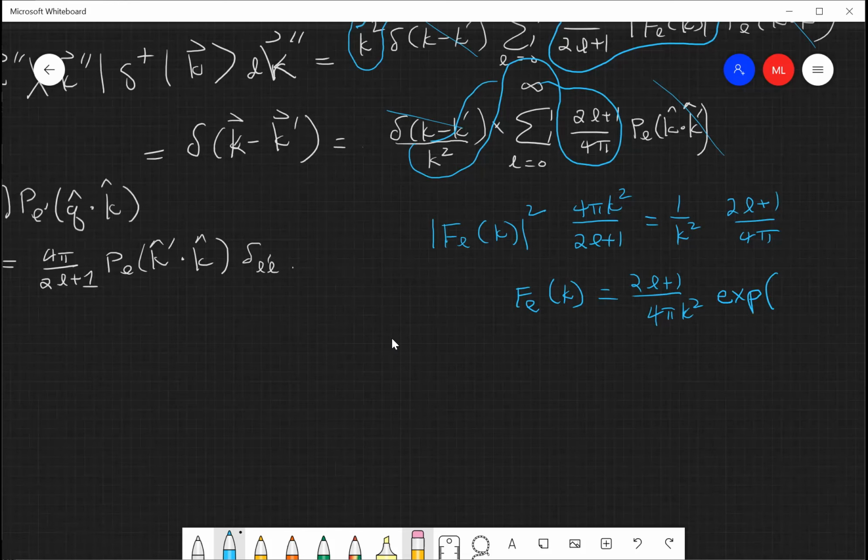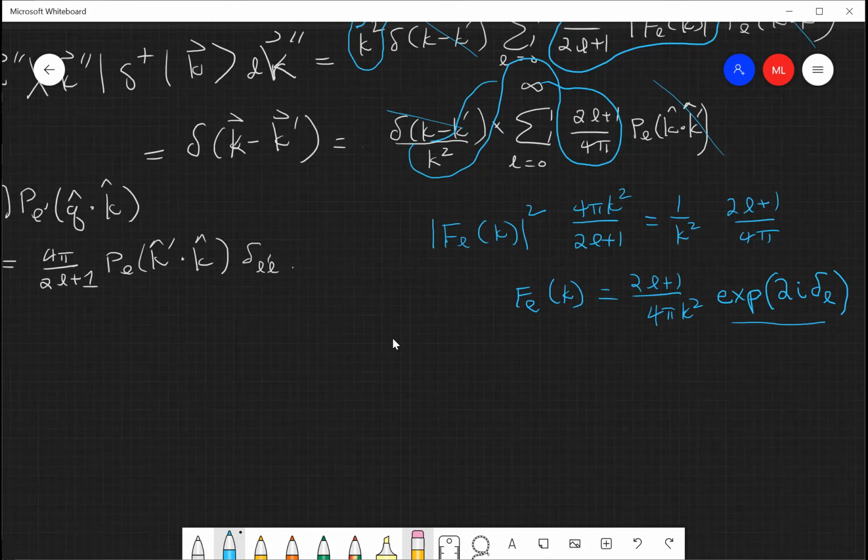I can actually write it. It turns out to be e to the 2i delta_L. And these are the guys that I called the S matrix elements when we first started talking about scattering, right? In terms of the partial wave expansion. And you can actually show that that's what they are.